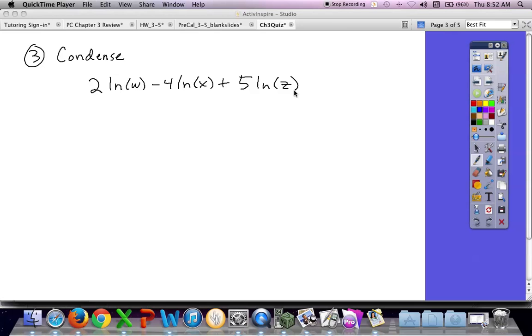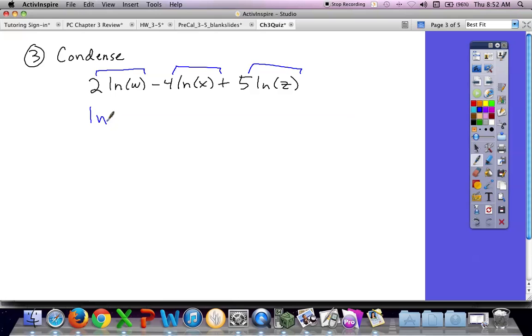Okay, now before we can do that, we have to use the power property. Most got that part. That would have meant move these coefficients inside the logarithms as exponents. Right, so that is ln of w squared minus ln of x to the 4th plus ln of z to the 5th.